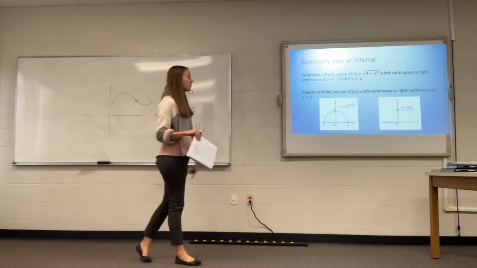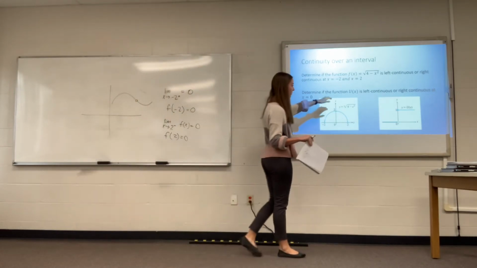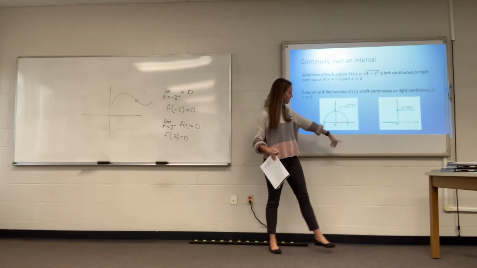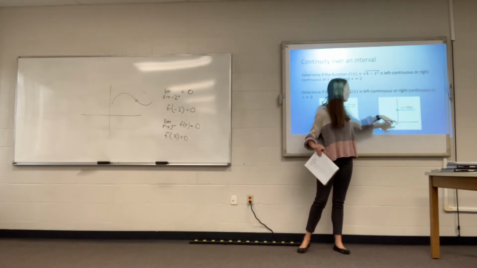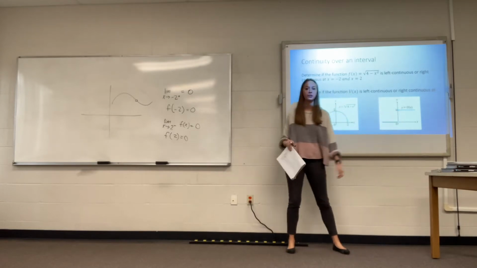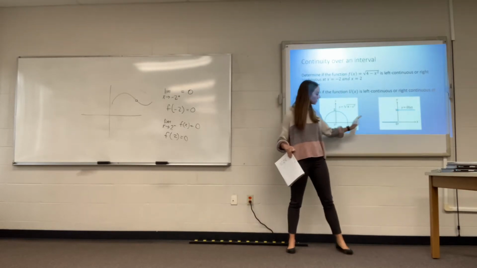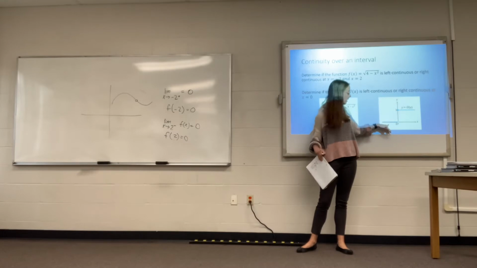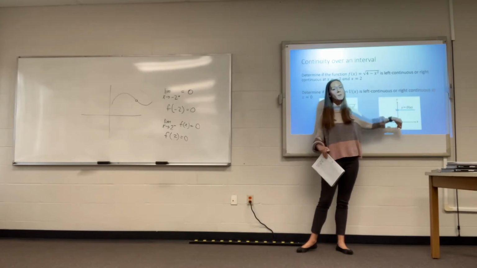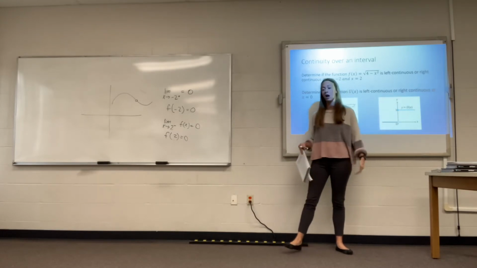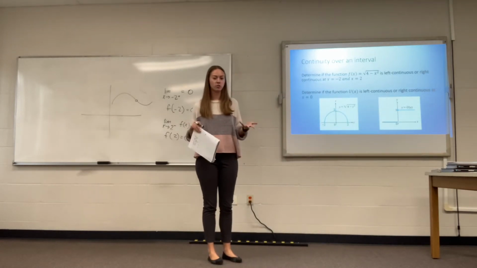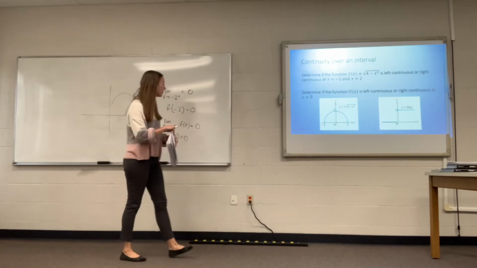Then my other example: this function doesn't even have an equation, it's just called u of x. It says, let's look at x is 0 and talk about left continuous or right continuous. Let's start with left continuous. Here I have a function from the left side approaching 0, but I have an open circle there, so I don't have an actual function value right there.